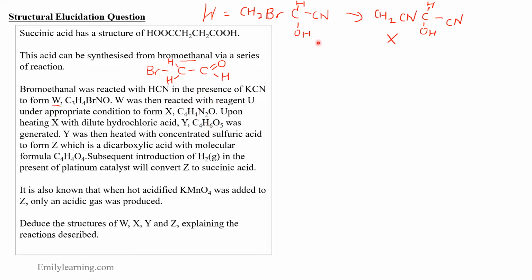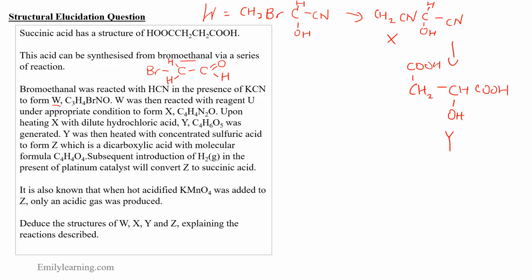So it tells us that both CN groups will undergo hydrolysis to form COOH. So it becomes COOH here and CHOH, COOH, and this will be my Y. So after the acid hydrolysis, I form Y.